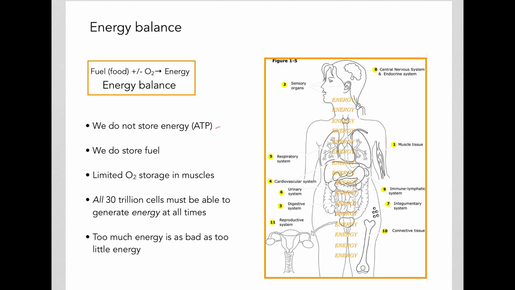Since we do not store ATP, this means that all our cells, all our 30 trillion cells in an adult, must be able to generate energy at all times. Like everything else in the body, too much energy is as bad as too little energy.